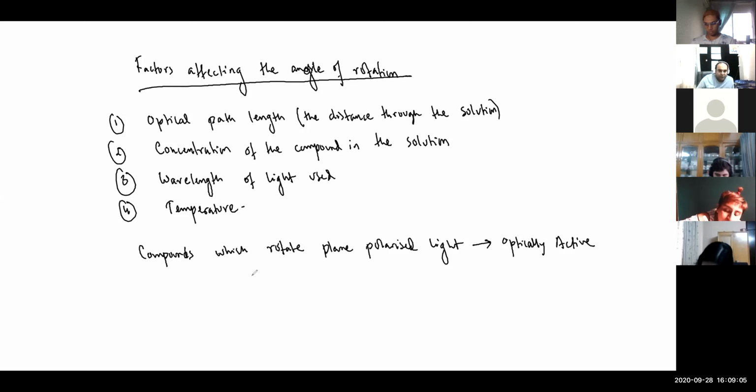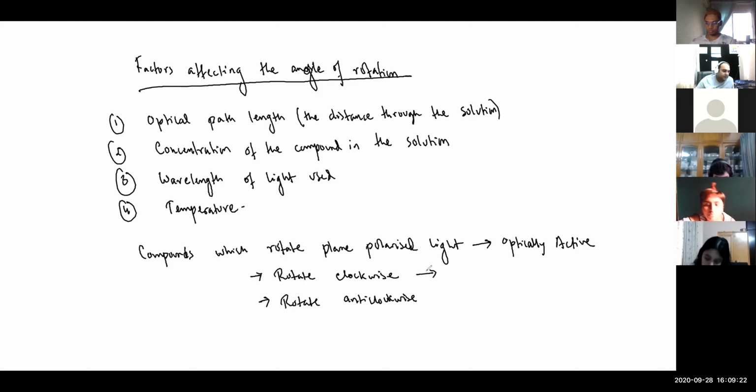Within that there are two kinds: one rotates clockwise, and one rotates anti-clockwise. So if it rotates clockwise, it's dextro-rotatory, and if it rotates anti-clockwise, it's levo-rotatory.